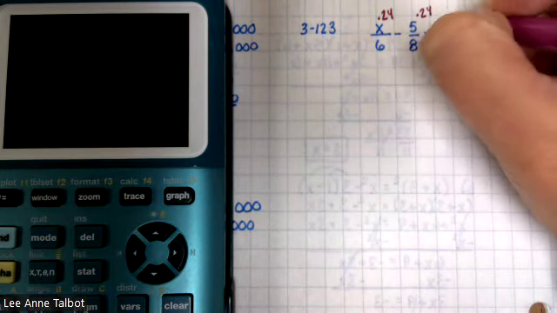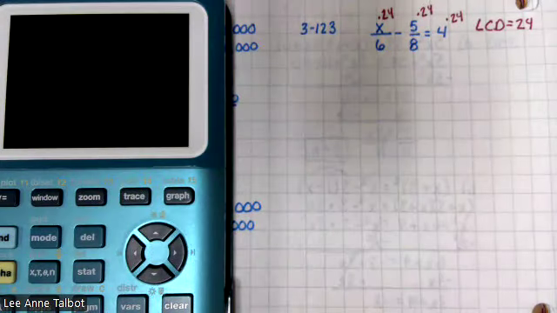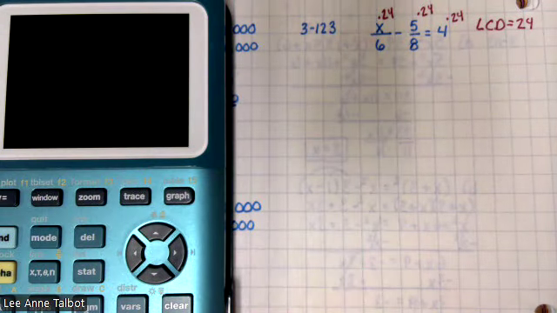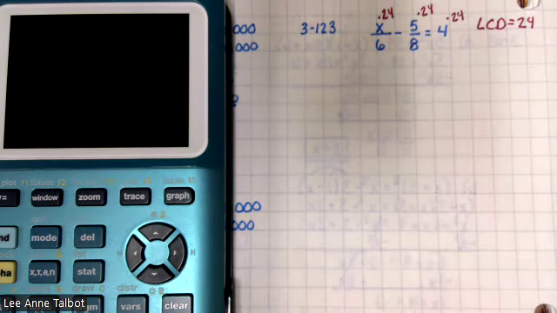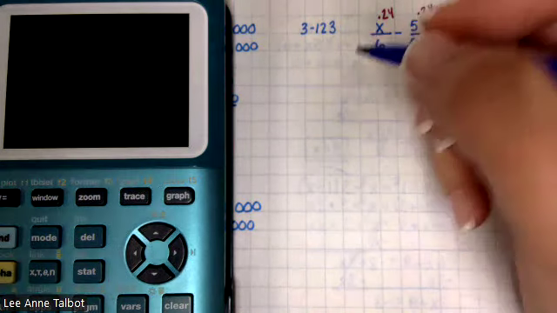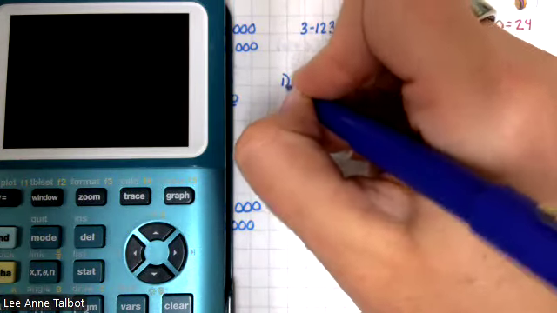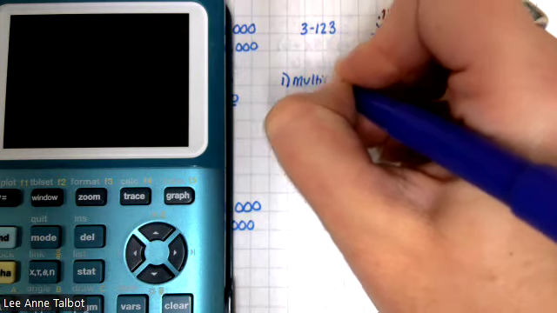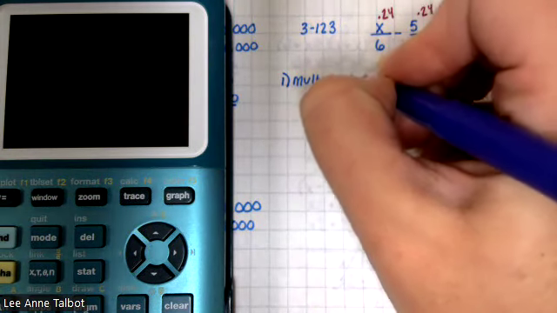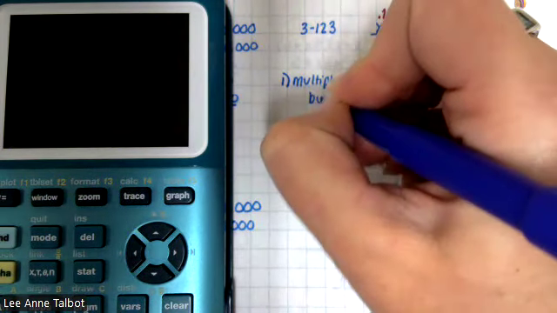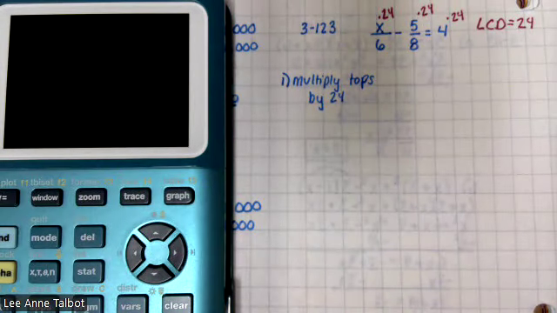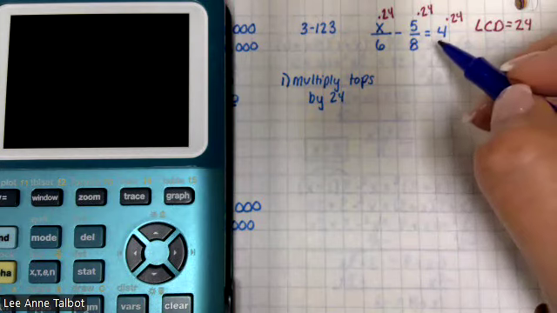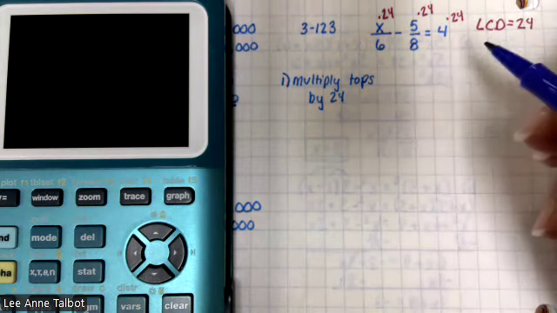is to multiply all of the numerators, the tops, by the least common denominator. So I'm going to multiply all of the tops by 24. It's like multiplying the whole thing by 24. Okay, and on this one, you need to imagine that the 4 is over 1.